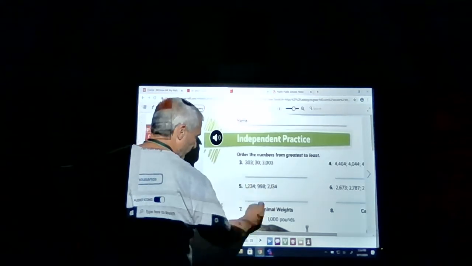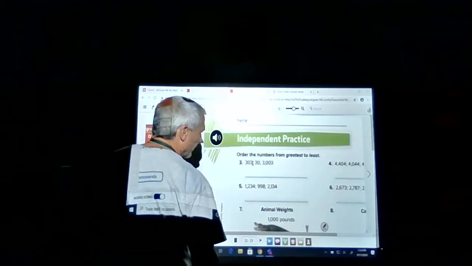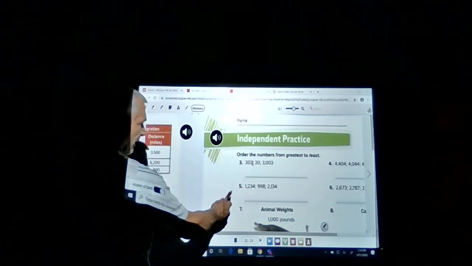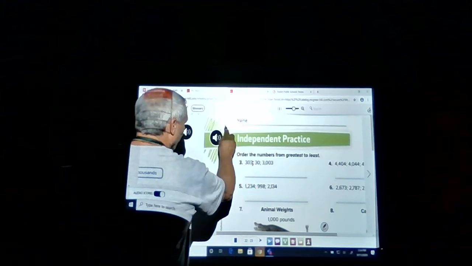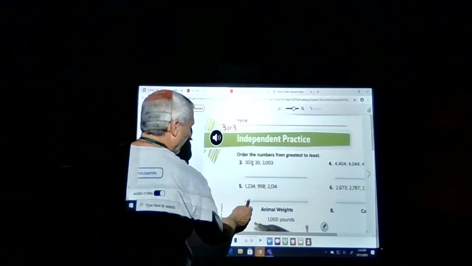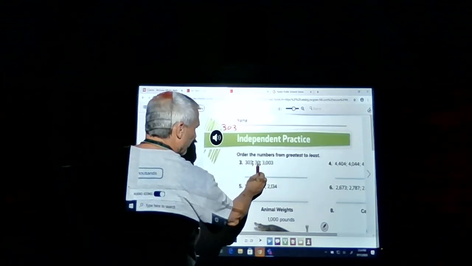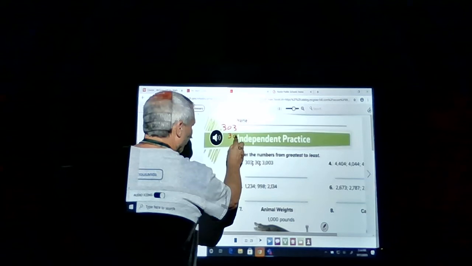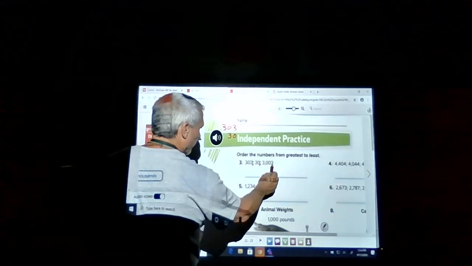Remember that colon, it's called a semicolon. This dot and this here separates the numbers. That means 303 is a number. We have 303, and here's another one. That means the second number is 30, and the last number is 3,003.